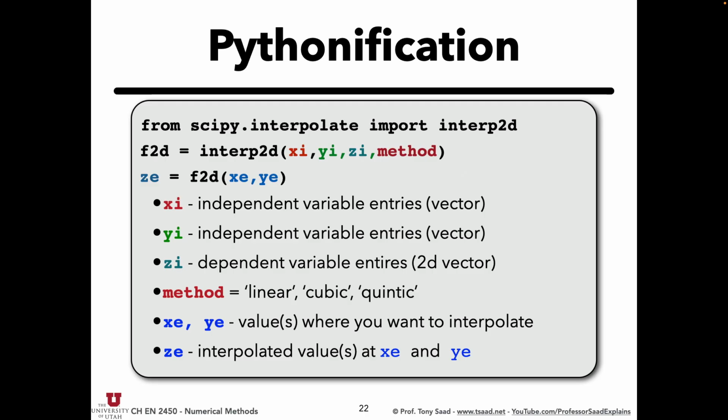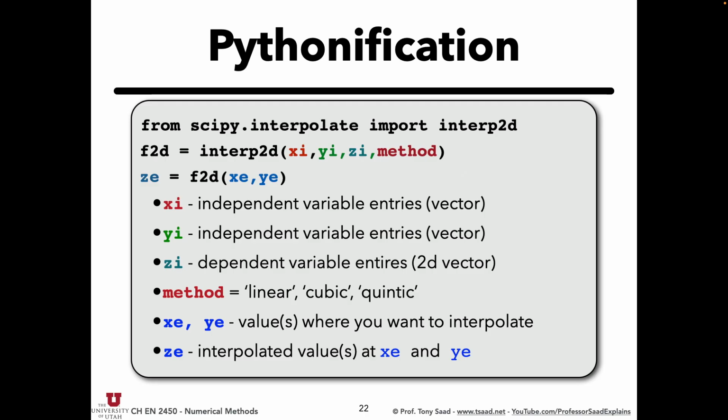And there's a method, so we'll talk about the method in a second. Same as we did with cubic splines, you apply the interp2d on the data, it gives you an object, call it F2D, so function 2D, and then you give it any combination of new values for x and y, and it's going to give you a new value for z.